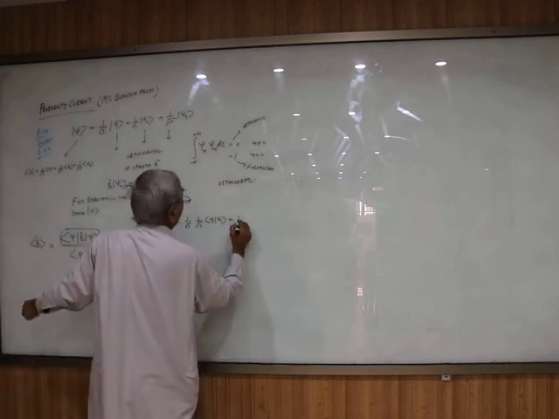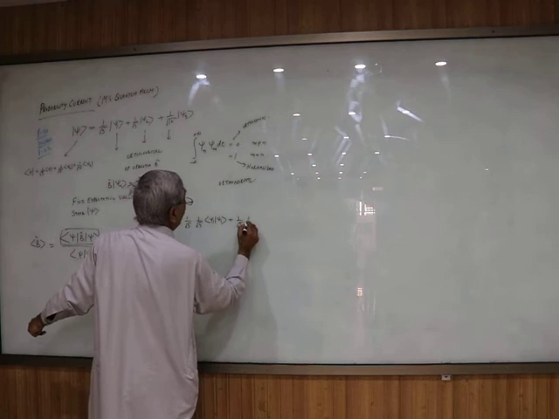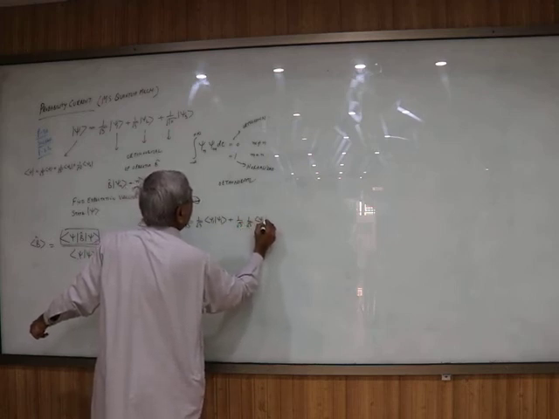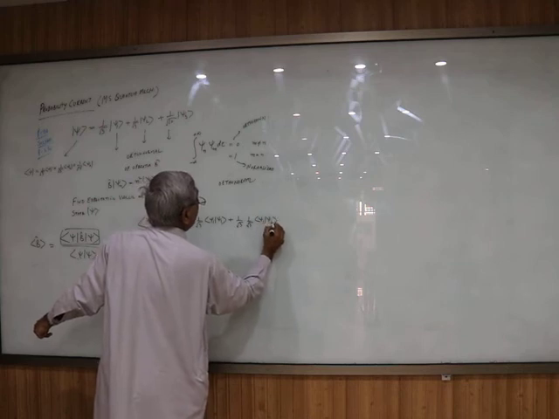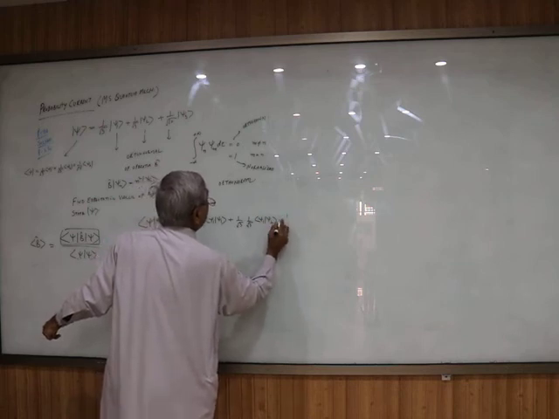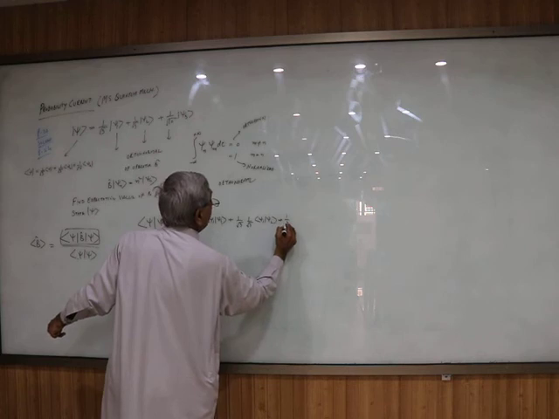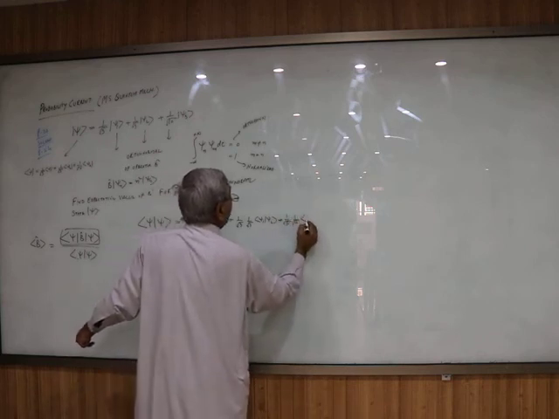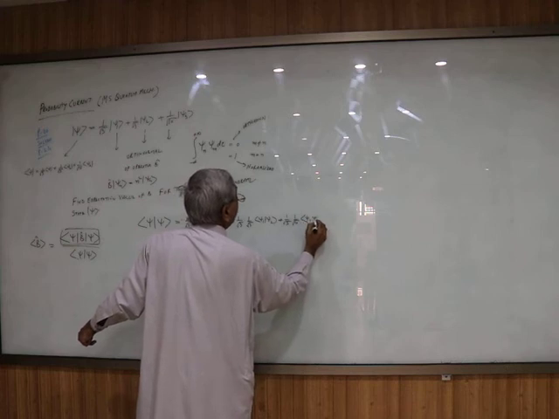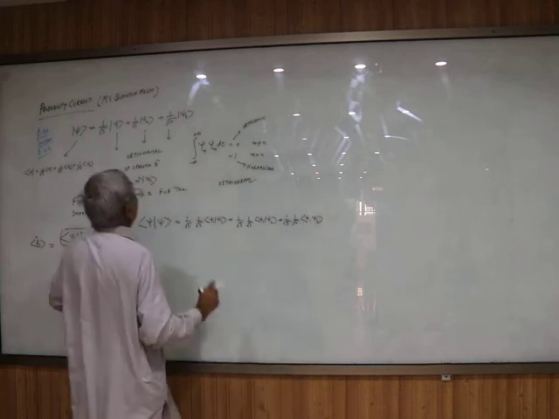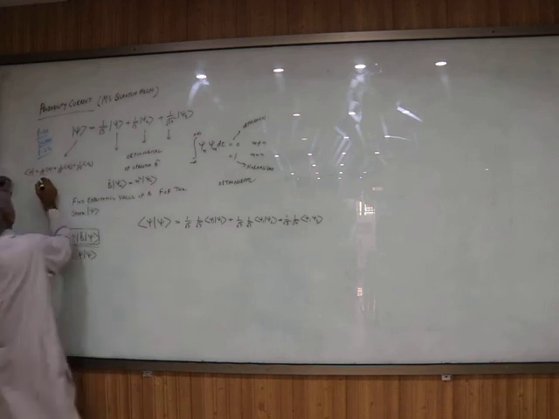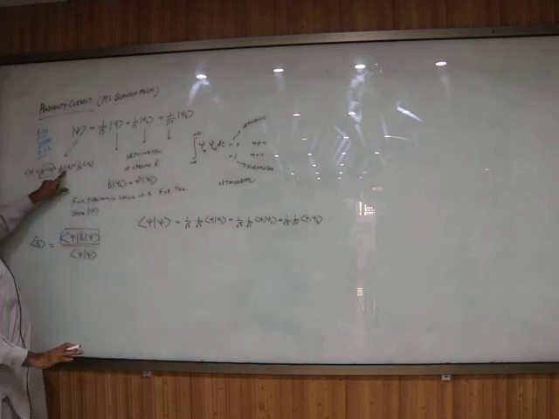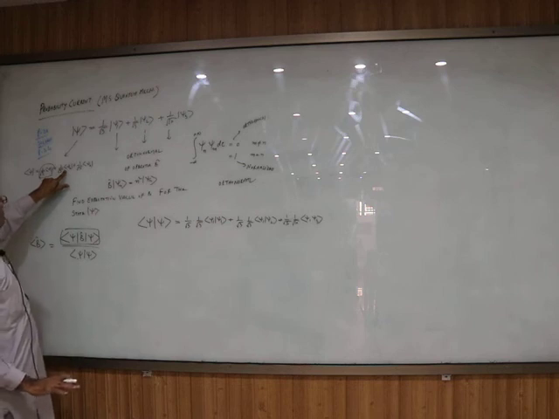Okay, so 1 over 3 psi 1 psi 1, plus 1 over 3 psi 1 psi 2, plus 1 over square root of 3 times 1 over square root of 10 psi 1 psi 3. So I have multiplied this first one with all the 3. Then I multiply this next one with all the 3.